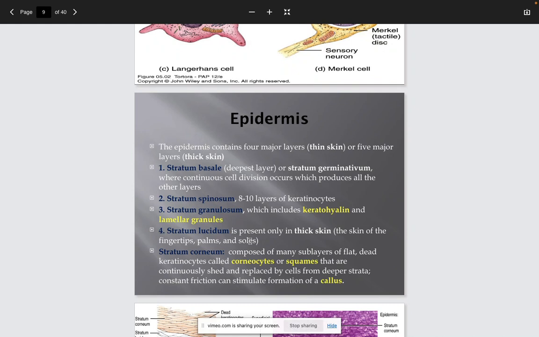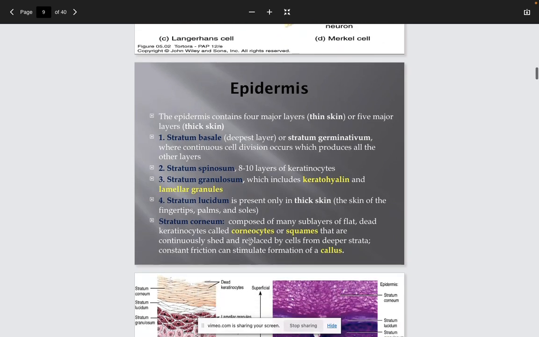This is going to be only present in areas where we have thick skin. And the stratum corneum, this is how calluses form, through the constant friction. There's actually a bunch of dead flat cells, keratinocytes called corneocytes or squames, however you want to say this, continuously shed and replaced from cells from the deeper area.